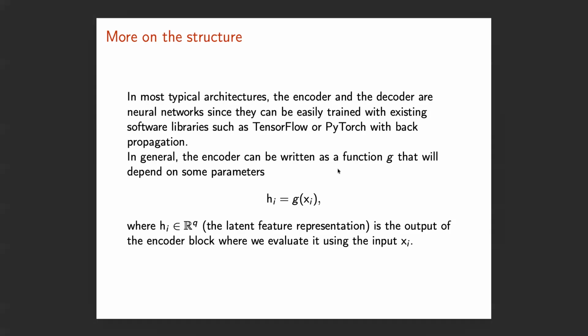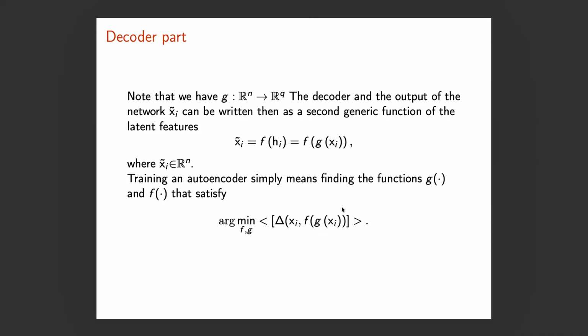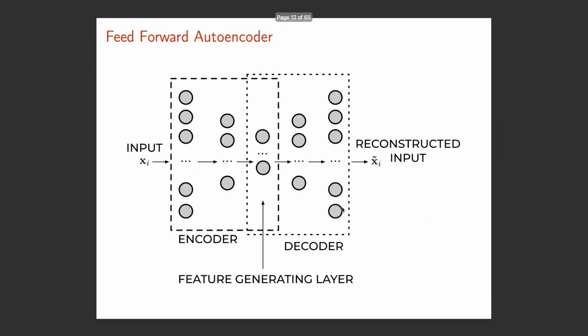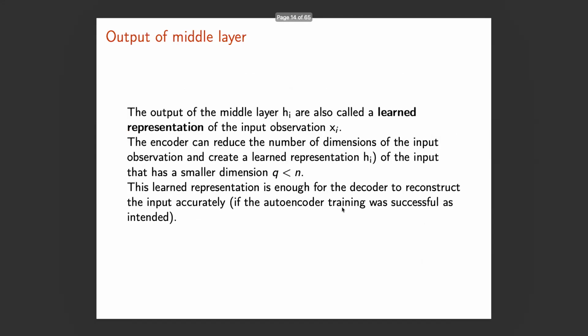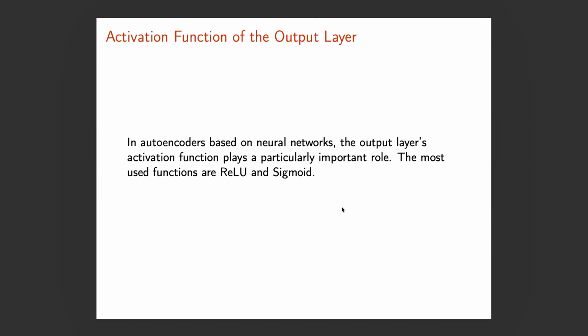So in general, the encoder can be written as a function G that will depend on some parameters. And I'm going to quickly skip some of the slides, because we're coming back to next week about how we write a code for autoencoders using PyTorch or Keras. But now I wanted to focus a little bit more on the mathematics.